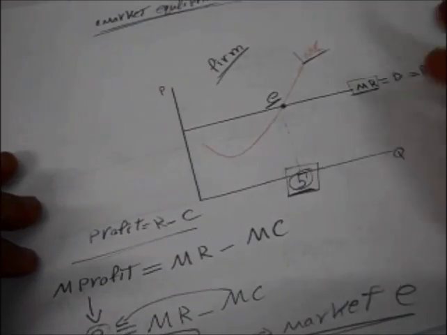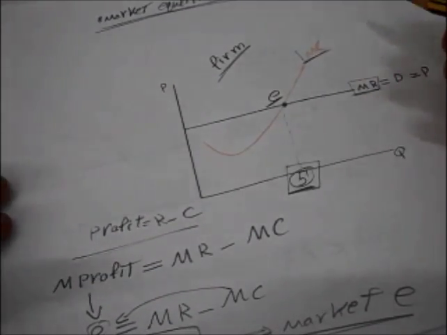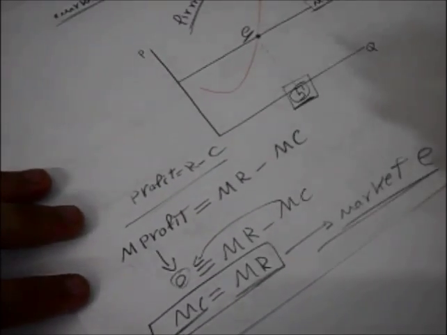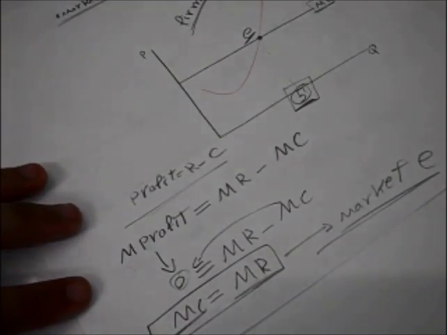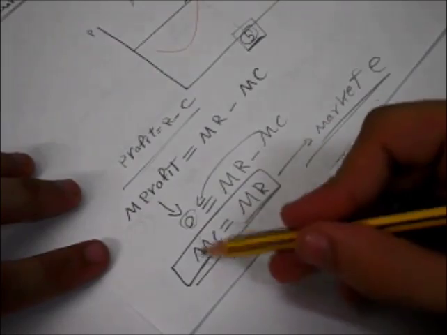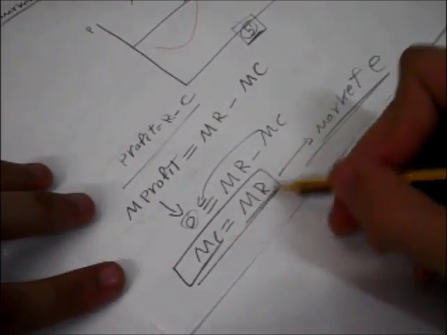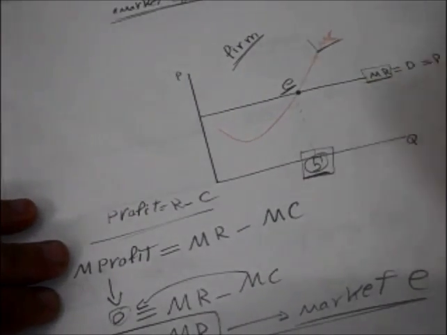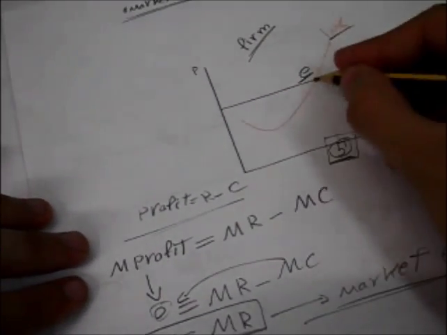And then we understood that the market equilibrium is the point of profit maximization, and that in order for any firm to reach it, it has to have the marginal cost equal the marginal revenues, the point of intersection between the marginal cost and the marginal revenues. That's the point of maximizing the profit.